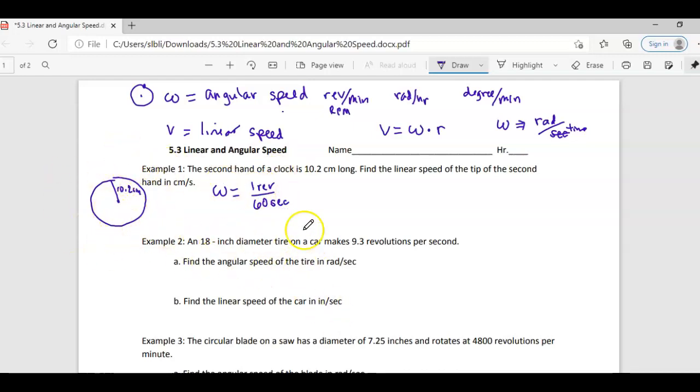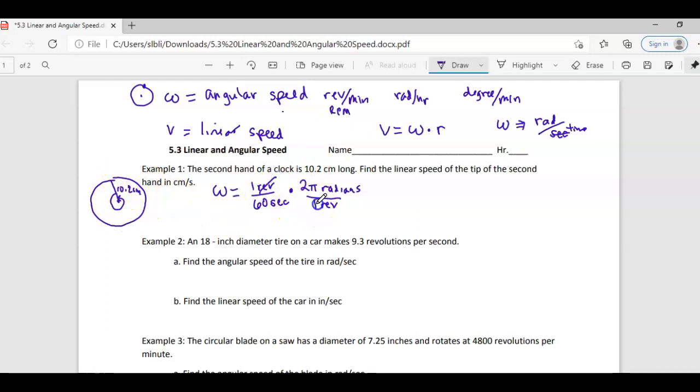But we need to change this to radians. Remember that in radians, one complete revolution is 2 pi radians. So in order to get this in radians per second, we're going to multiply by 2 pi radians per 1 revolution. The angle changes by 2 pi, in radians, every 1 revolution.